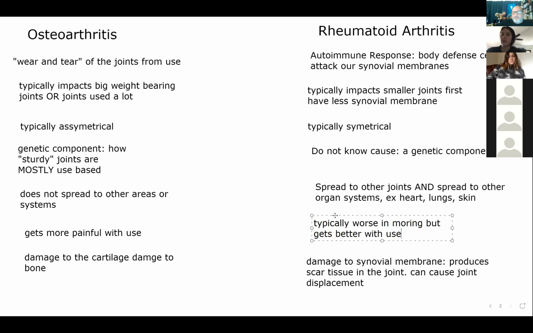Is there any medication or anything you could take? Yeah, there are. Just as we don't know the cause, there is no cure for rheumatoid arthritis. However, there are medicines that can be taken, anti-inflammatories and things along those lines that can lessen the symptoms, lessen the pain. Sure, absolutely.